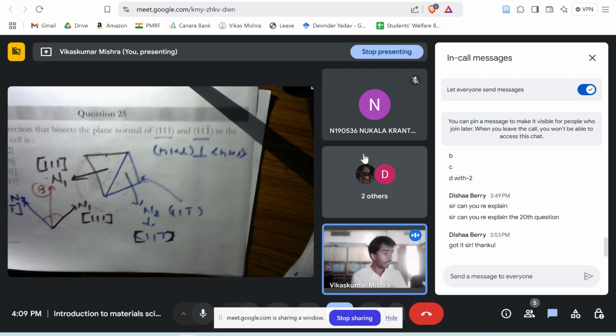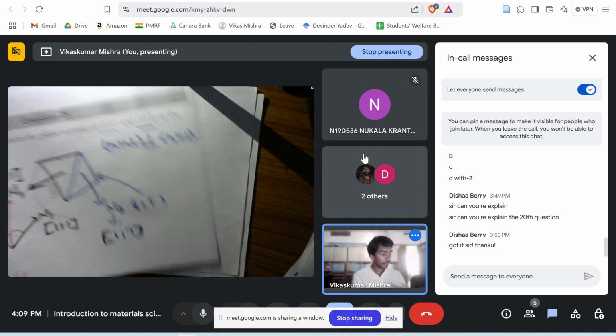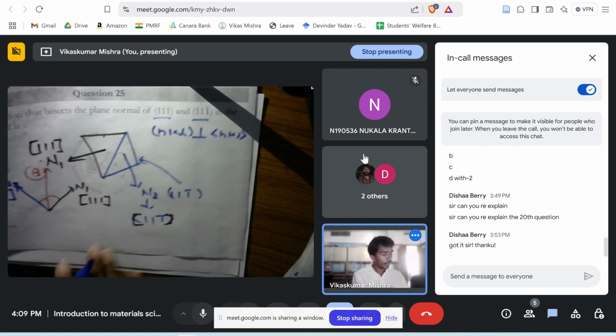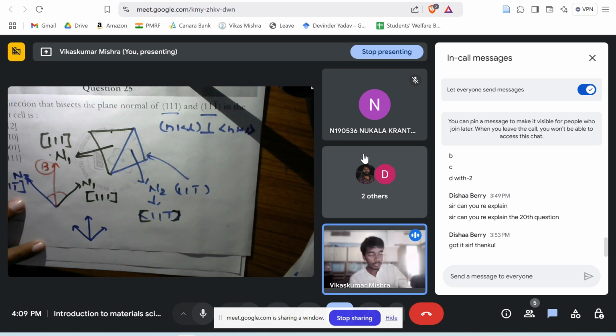Now we can easily do this. We have two vectors, and we need to find the one which is between them, right? There is something we have learned about vector addition.